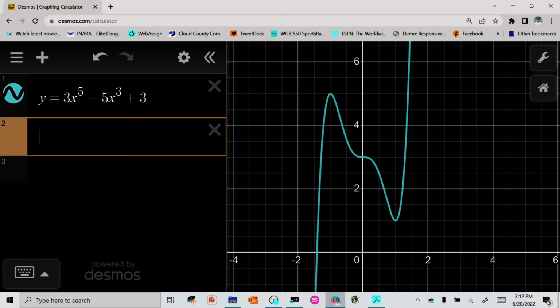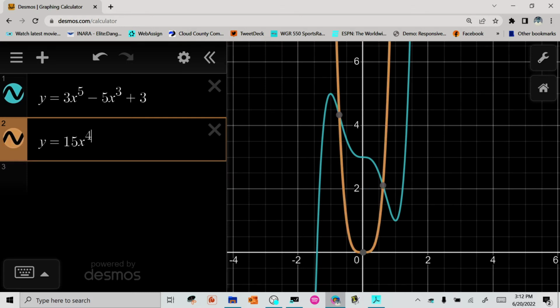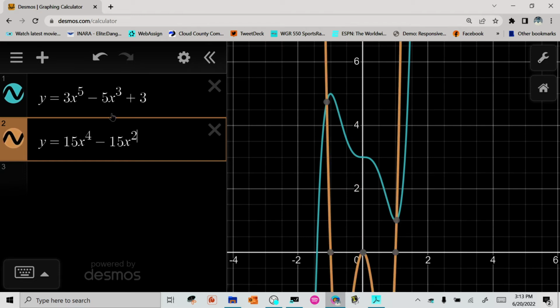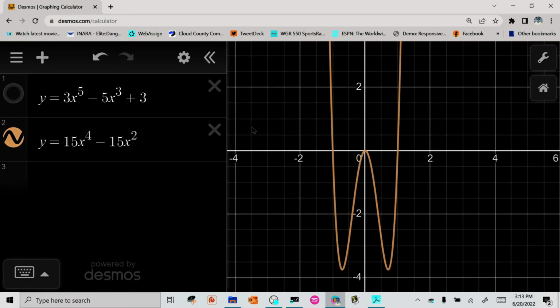What we're going to do now is take the derivative of this and enter it in as y equals again. So the derivative of this is going to be 15x to the fourth minus 15x squared. So I'm going to shut this first function off. This is our derivative down here. It's a fourth degree polynomial.